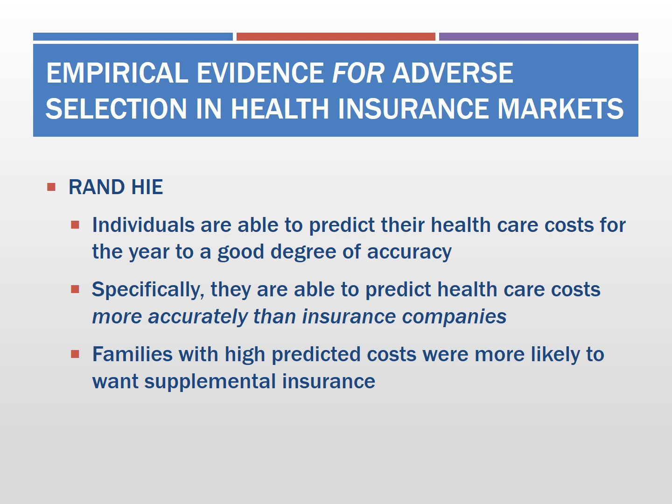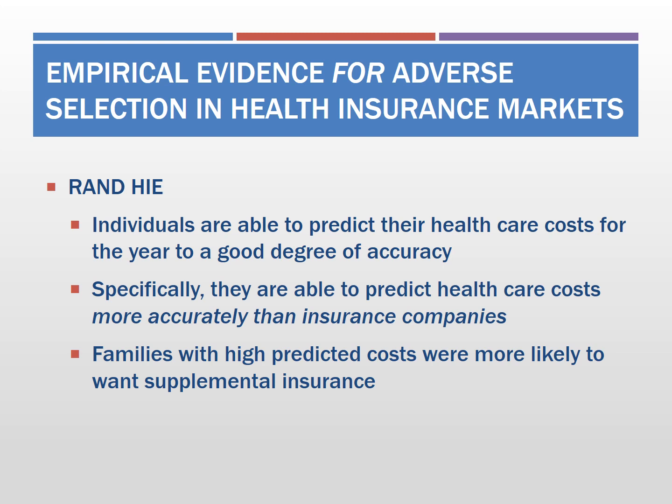First of all, we found in this data that individuals are able to predict the healthcare costs for the year to a good degree of accuracy. So obviously, people know how much healthcare cost they will be involved with and what their own conditions are. Specifically, they are able to predict the healthcare costs more accurately than the insurance companies.